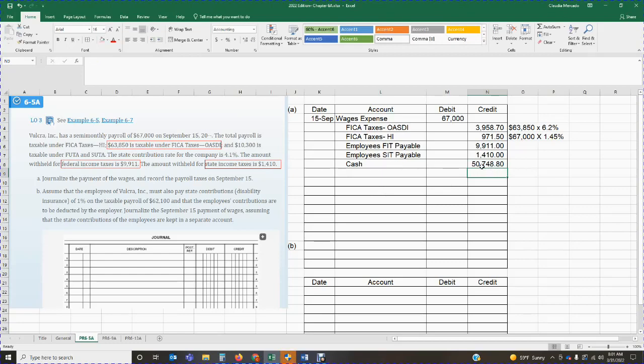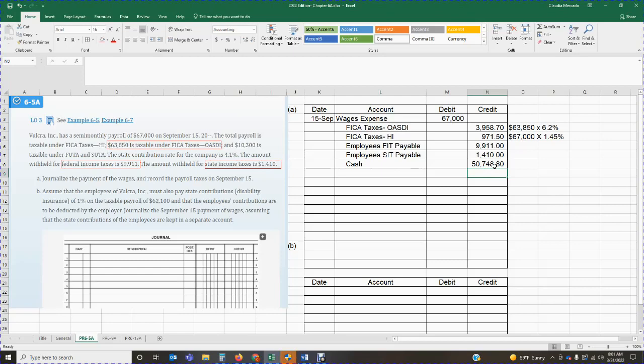Cash is an asset. The normal balance of an asset is a debit. So when we make a deposit, we debit. When we withdraw money, which is the case here, we credit. So cash gets credited $50,748.80, so we can issue checks to our employees.